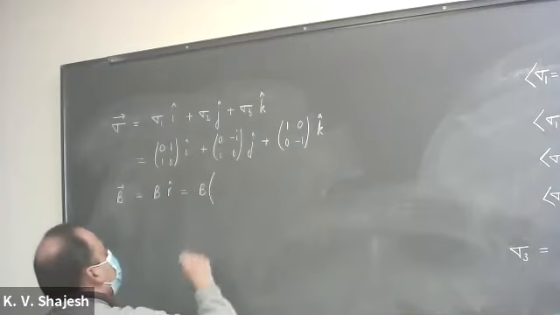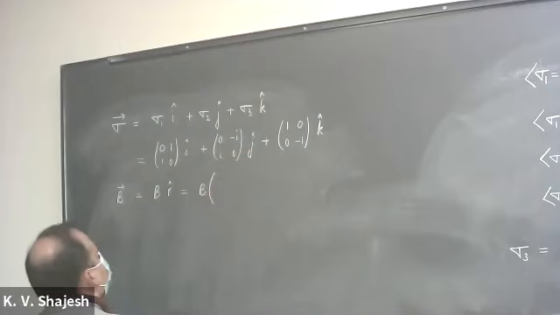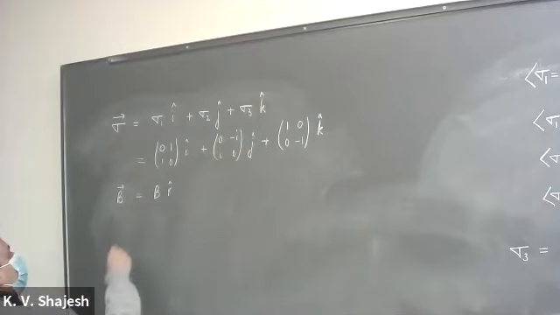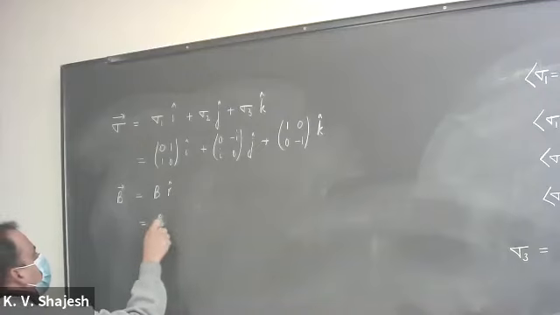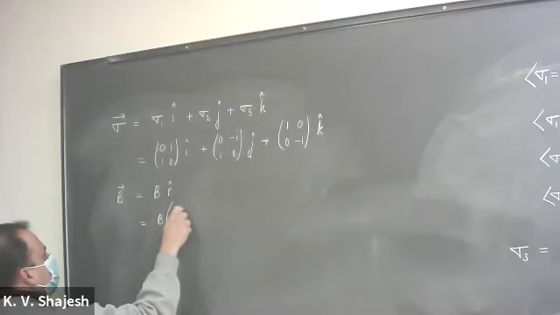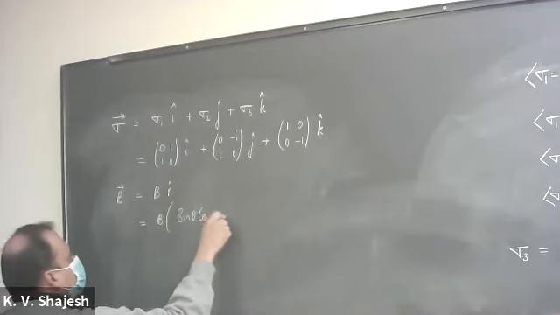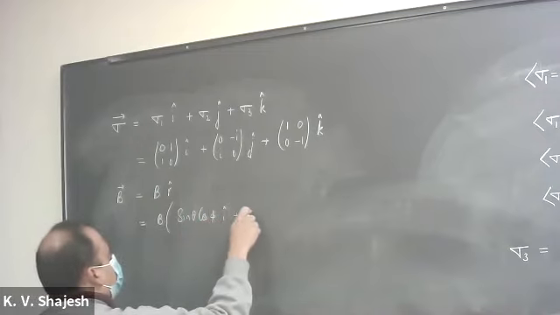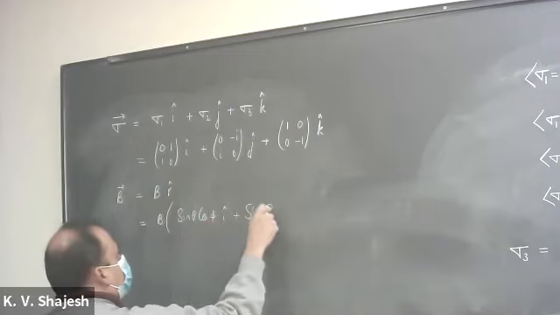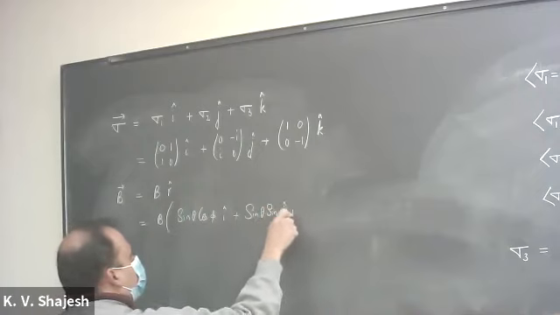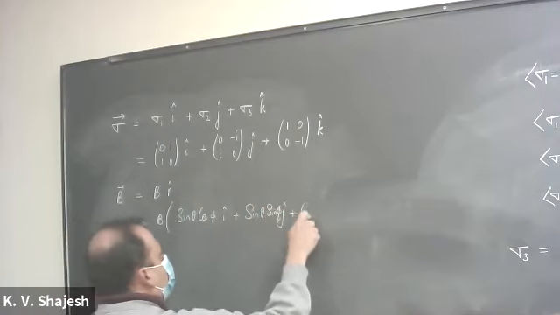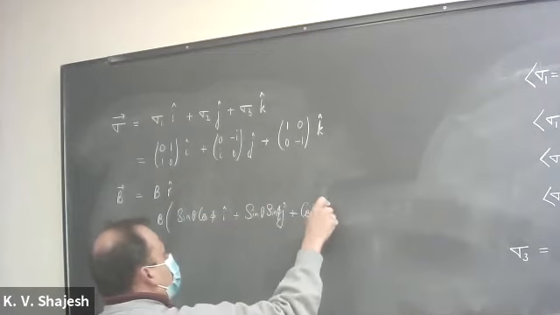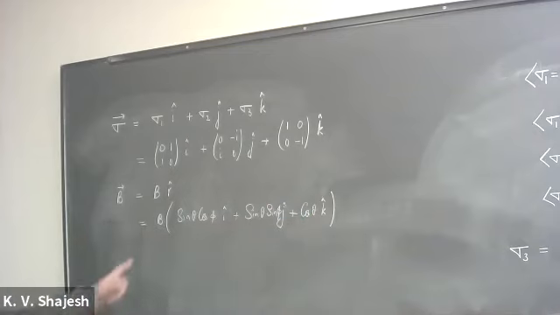I want it in rectangular coordinates. So this is B times sine theta cosine phi i hat, plus sine theta sine phi j hat, plus cosine theta k hat. So that's a spherical polar representation of the unit vector r hat. Clear?